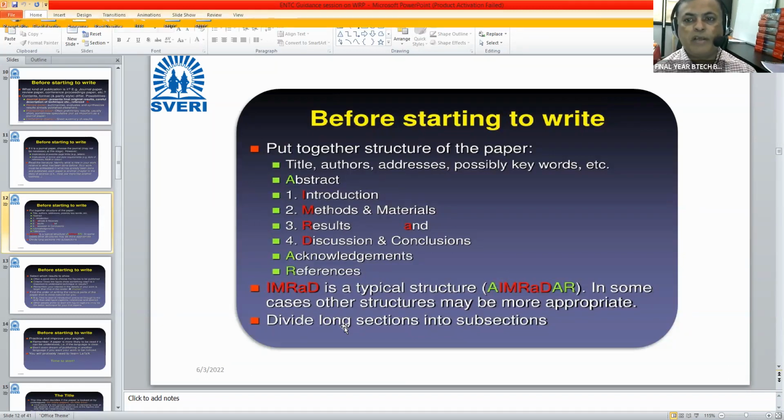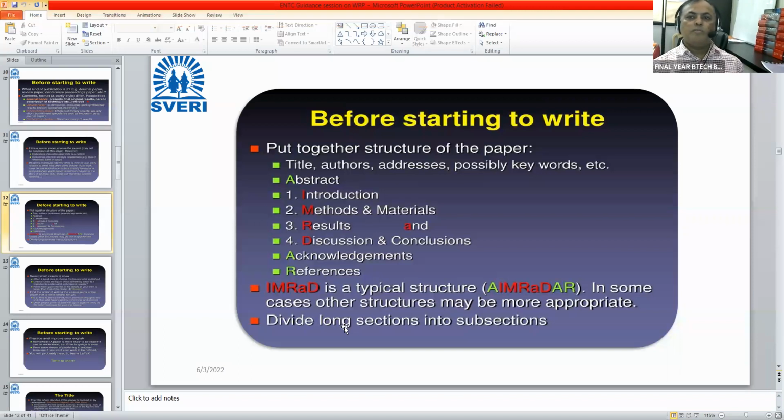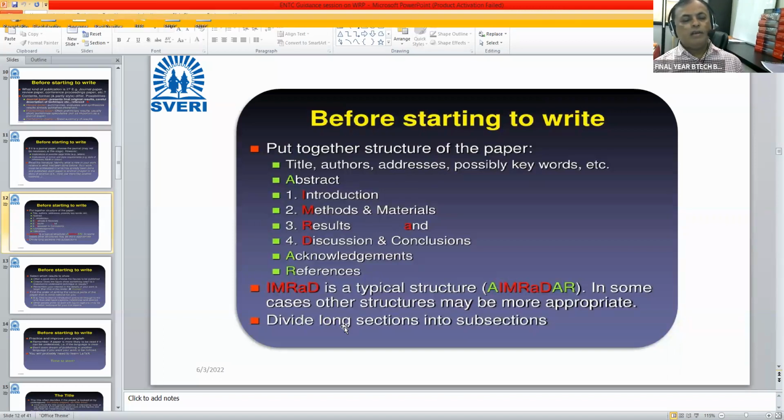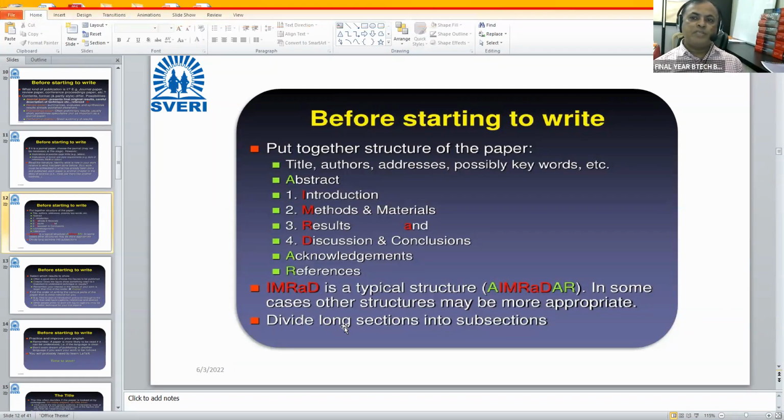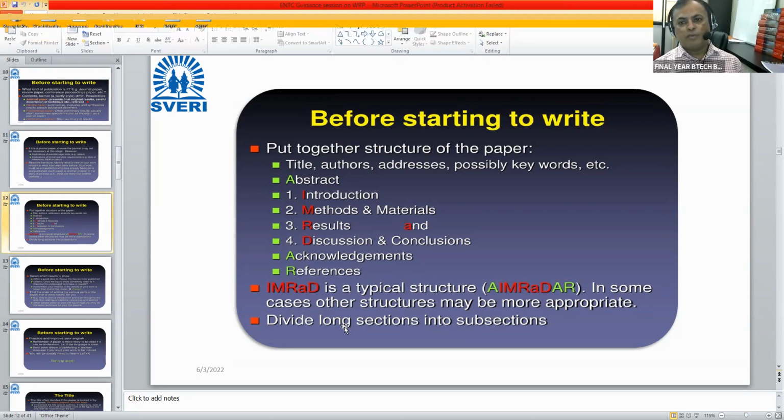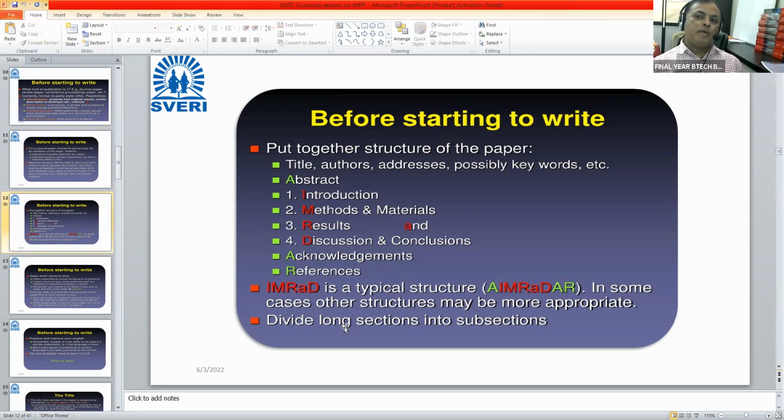And if it is in a single column, then it may extend. In a number of journals, it may go to 16 to 18 pages also. And for the IEEE transactions, it may go to 30 to 40 pages also. So depending upon the type of work, it may vary.